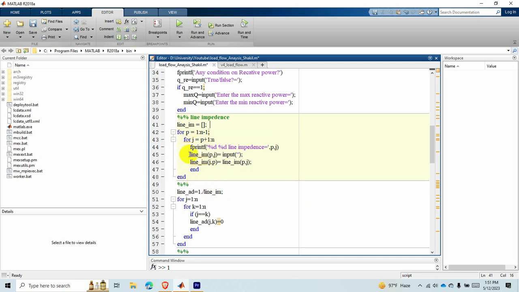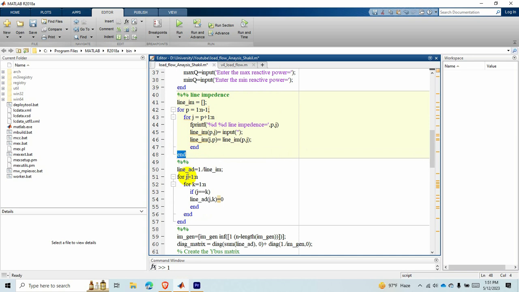Okay, we took the line impedance for the pj position, and we place the same line impedance for the jp position. So if it is the line impedance for line 1 2, then it will also be placed for position 2 1.